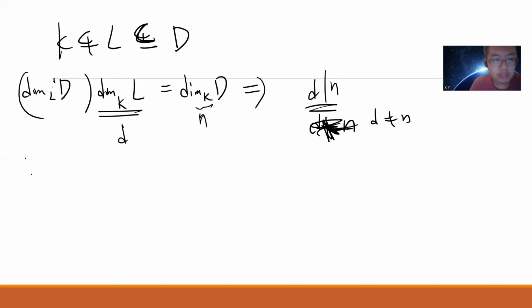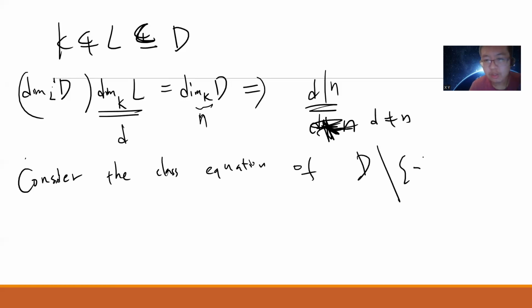Okay, so now we can consider the class equation of the multiplicative group. Let's say D minus 0. Okay, so this guy is a multiplicative group, because every non-zero element has an inverse, right?